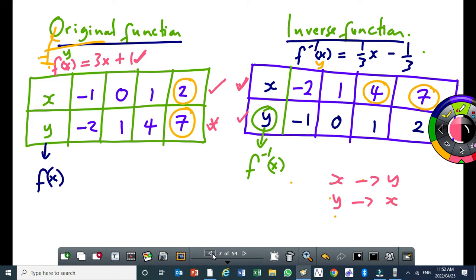So if I put 0 where there is y, you get 0 equal to 3x plus 1. Then to solve this, you end up having minus 1 equal to 3x. Then you divide both sides by 3. So x will be negative a third. So the x-intercept will be negative a third.